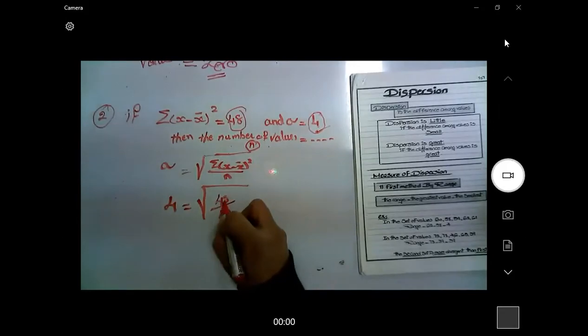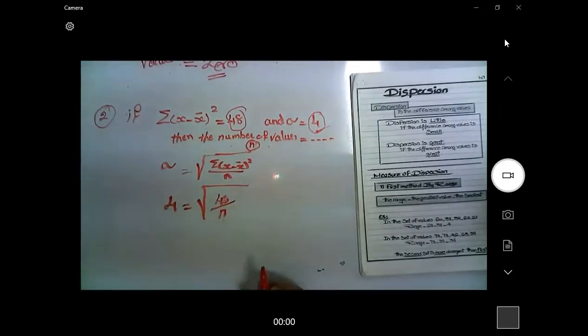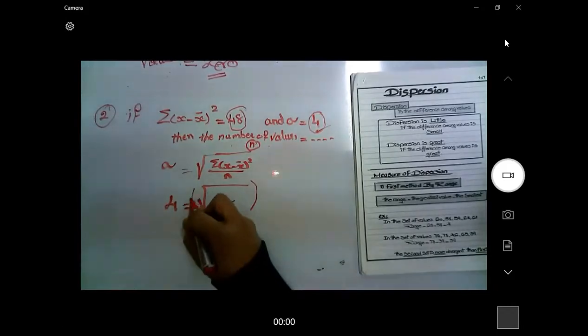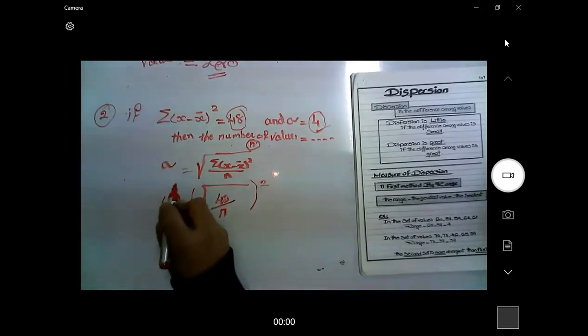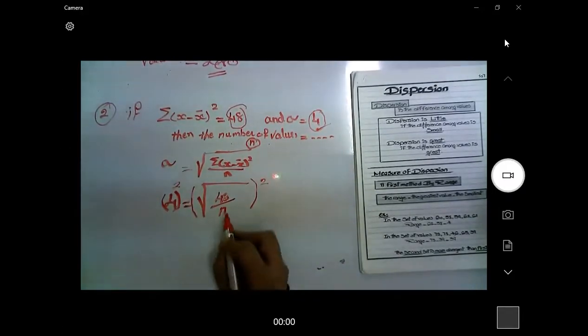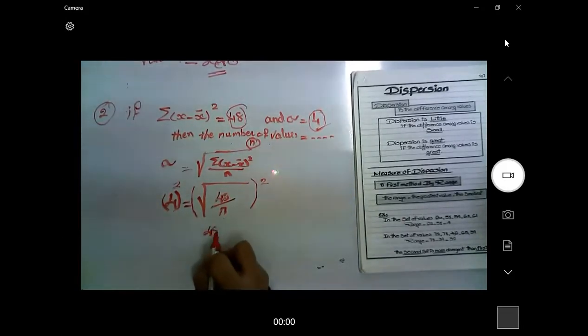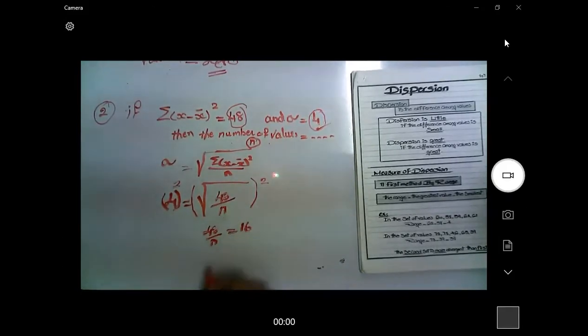If we want to get the number of values n, we have to remove the square root. How can we remove the square root? We can remove it by squaring both sides. By squaring both sides, we get 48 over n equals 16, since 4 squared is 16.